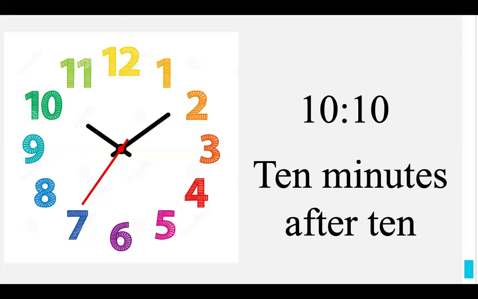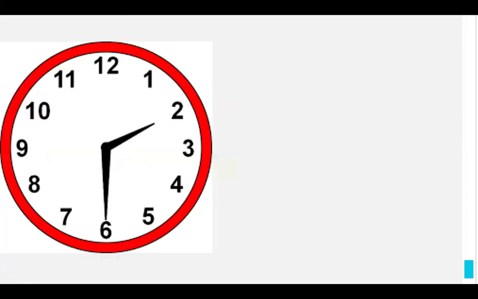So why is it 10 minutes? Because if you read that in minutes, 5, 10, so that is 10 minutes. Why is it after 10? Because they have proceeded, they are after 10 o'clock. So 10 minutes after 10.